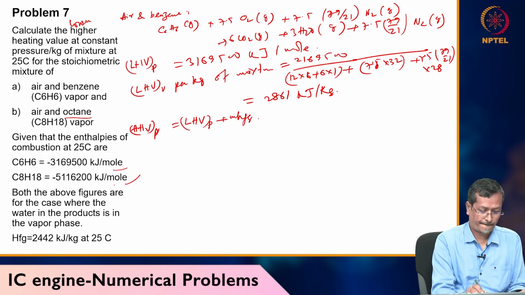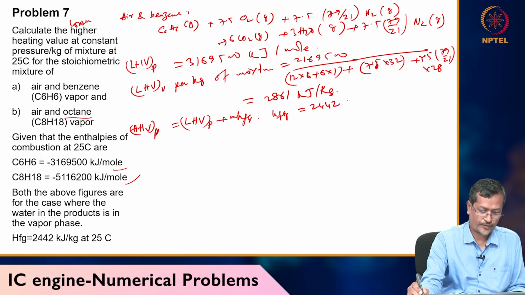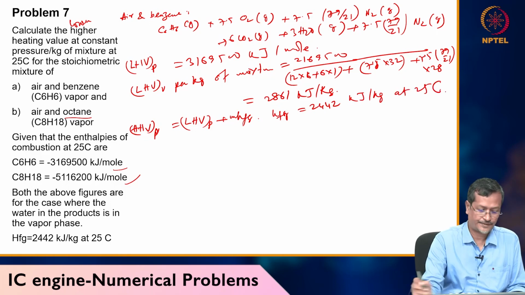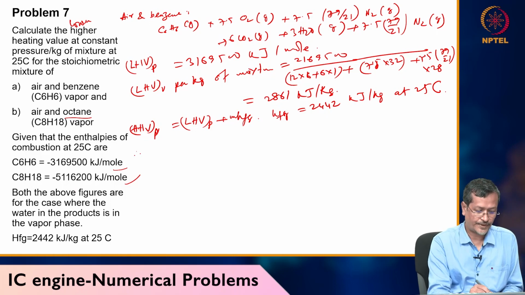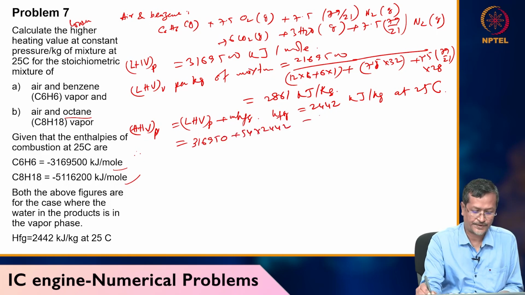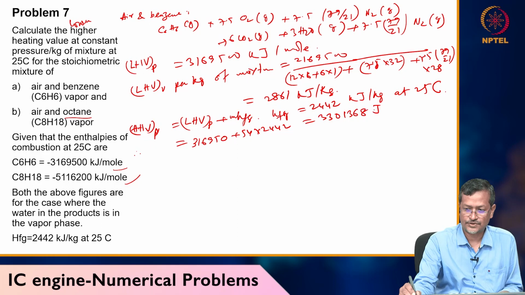Now hfg equals 2442 kJ per kg at 25 C. So HHV at constant P equals 3169500 plus 54 into 2442, which is 3301368 kJ per mole.